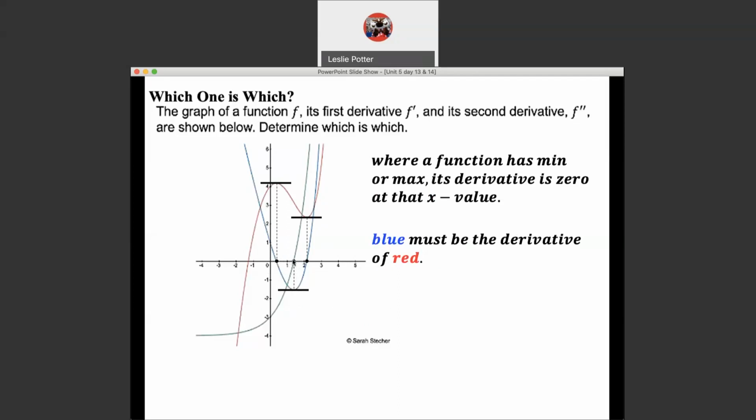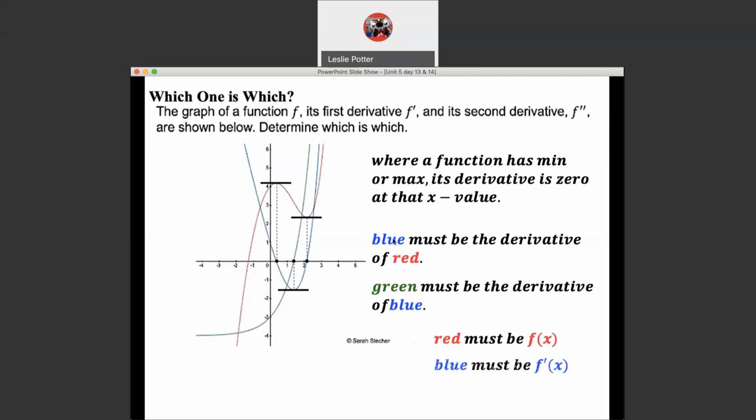So if green has a 0 value where blue has an extreme value, then green must be the derivative of blue. So we have blue being the derivative of red and green the derivative of blue. That must mean red must be the function. So red must be f of x, blue must be f prime of x, and green, being its derivative, must be f double prime of x. Focusing on those mins and maxes really helps us determine which one is which.